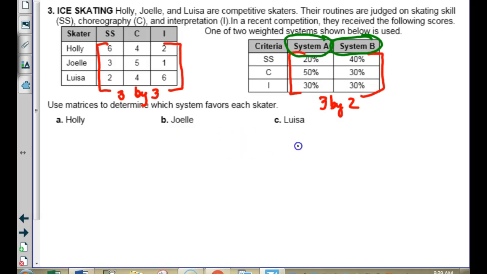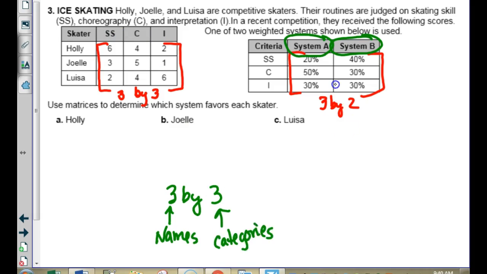Okay. The reason we're talking about this is because if we multiply these together, what size is this one? Okay. And the 3 rows in this one represent what? Yes, their names, right? And the 3 here represents, can I call them the categories? All right, this matrix is a 3 by 2, where this 3 represents, yeah, the categories again, right?